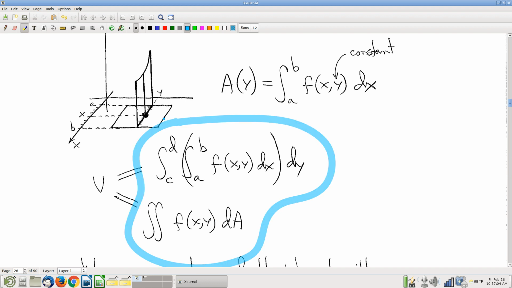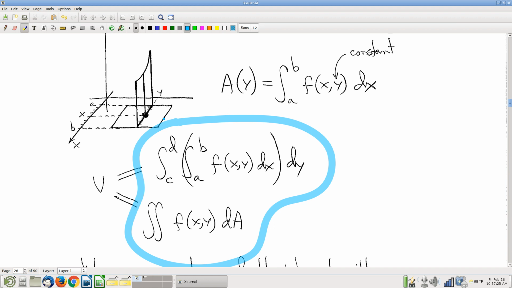And this turns out to be the more valuable observation here. There are greater issues that I'm going to sweep under the rug. We don't need to be worried about them. But what we really need to make use of is the fact, not that this is a formula for computing volume, which is useful sometimes, but that this is a formula for computing double integrals. That's the real win here.